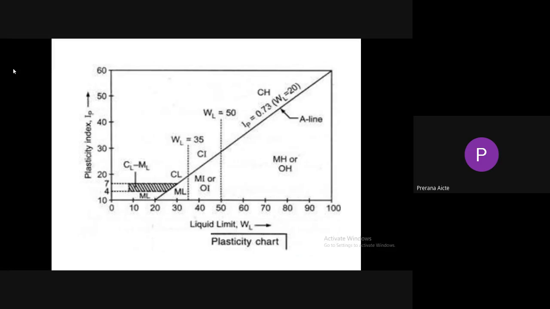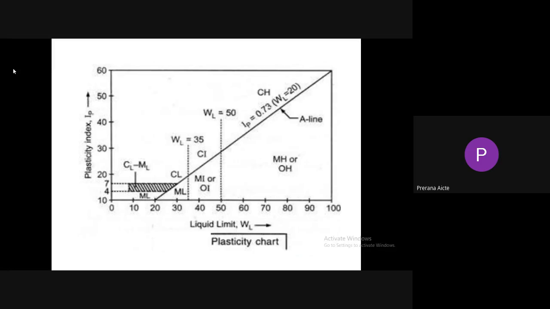Suppose the point lies exactly on the A line beyond 50, then we need to use a dual symbol CH-MH or CH-OH. If between 35 to 50 the point lies exactly on the A line, then we need to give a dual symbol CI-MI or CI-OI.